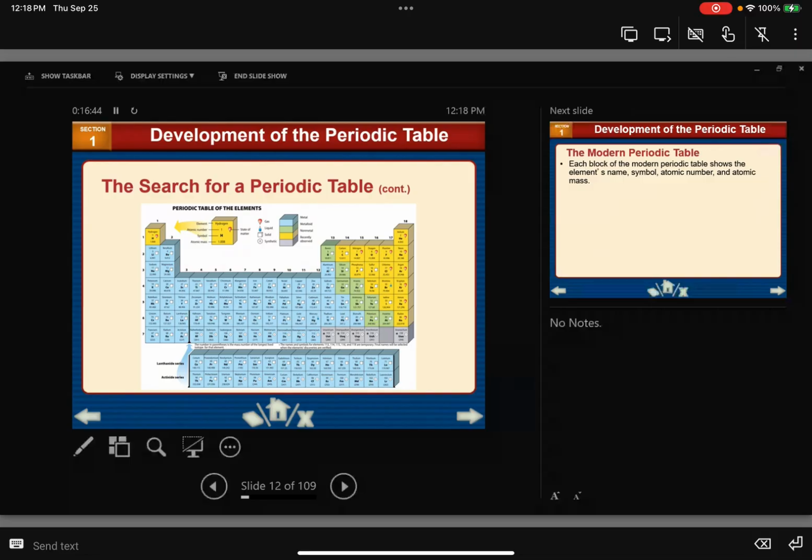It has an atomic mass of 127.6. Antimony, which is the element that comes right before it, has a mass of 121.757, and iodine has a mass of 126.904.